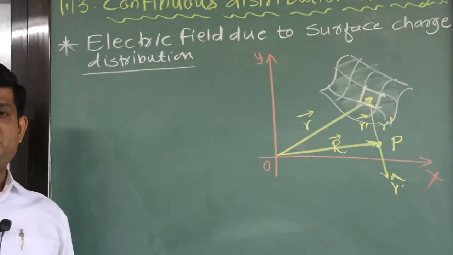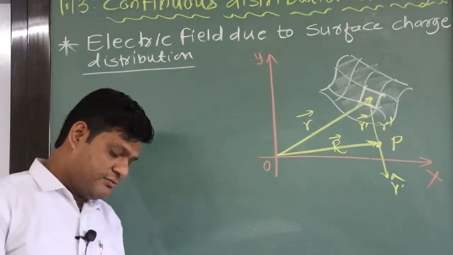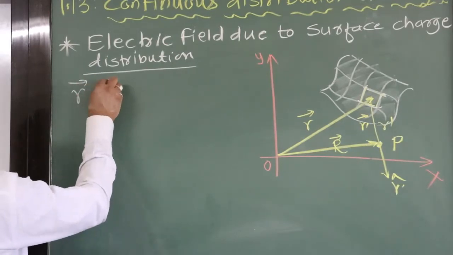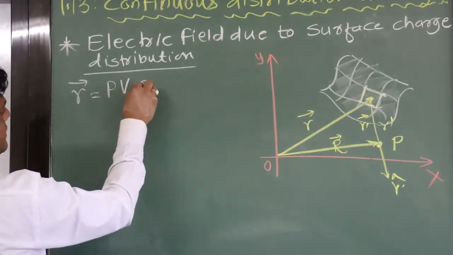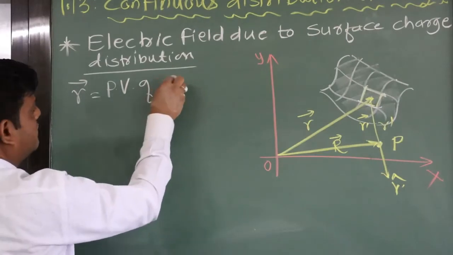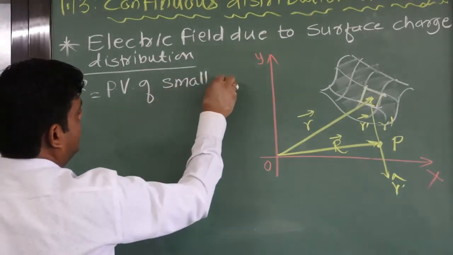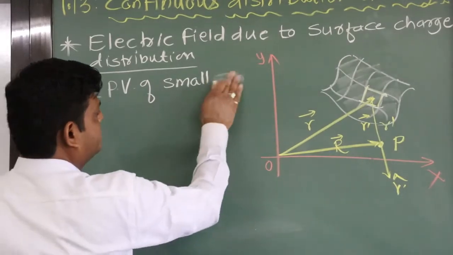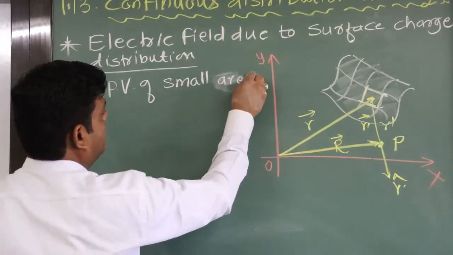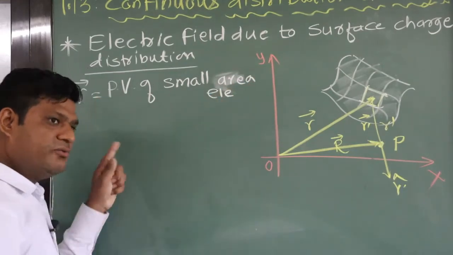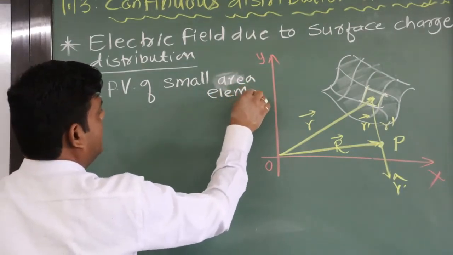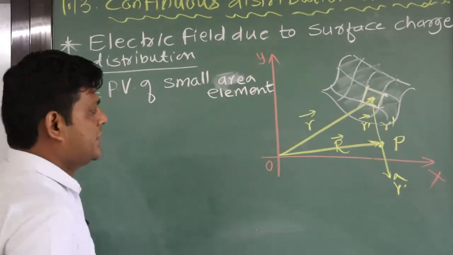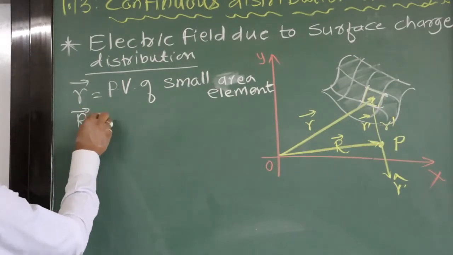So this is the information regarding the diagram, and we are writing it down. What is r vector? r vector is the position vector of a small area element. Last time we considered a length, a line element. Now we will consider an area element. What is capital R?